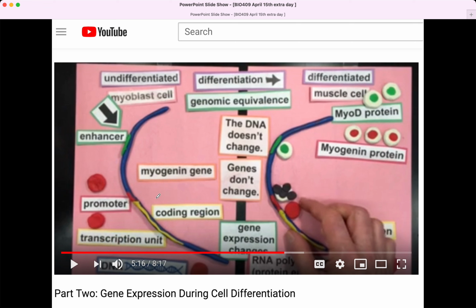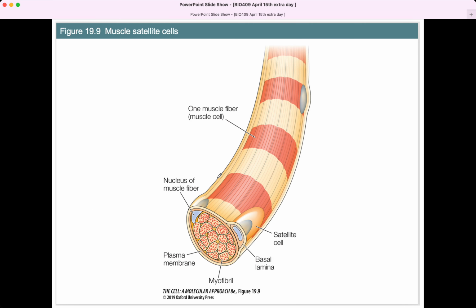And so we want to go back to this because this is part of those chapter 19 concepts. And so here's the muscle fiber that's discussed in chapter 19, and these cells are differentiated, and in G0, the satellite stem cell is ready to divide when called upon to produce more muscle stem cells.